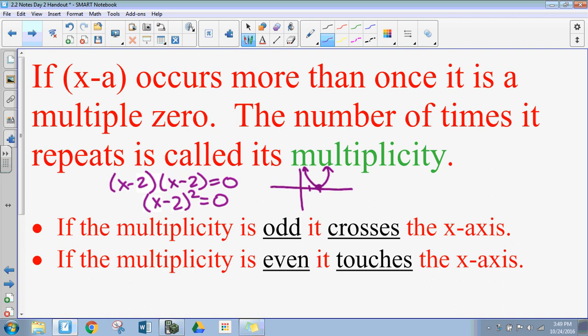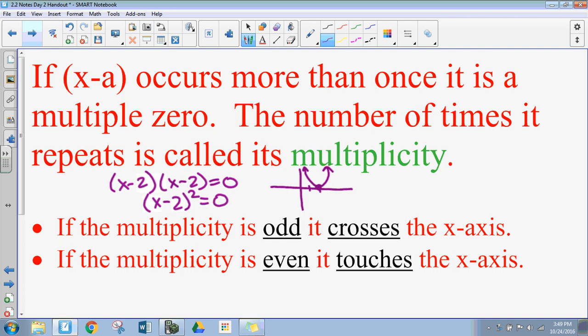So that tells us what happens at the x-axis. Okay, so if it occurs more than once, it is a multiple 0. The number of times it repeats is called a multiplicity. So in this case, the multiplicity is 2. If the multiplicity is odd, it's going to cross the x-axis.